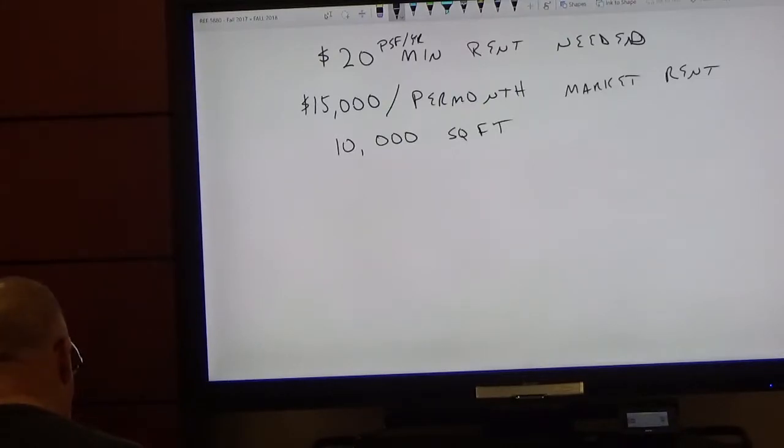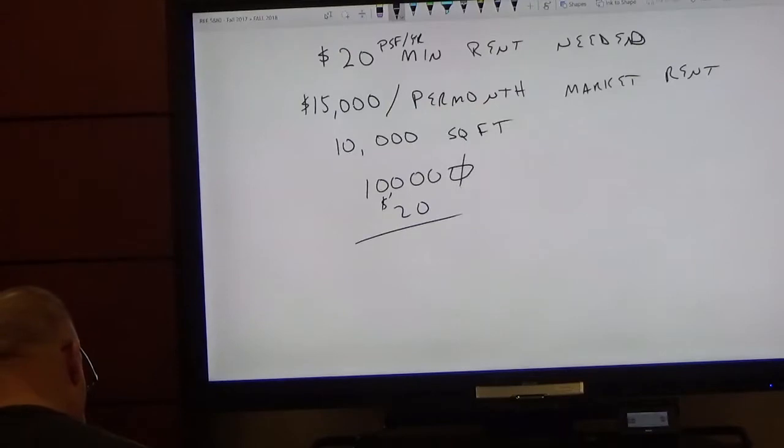So what we need to do is convert one of these into the other. So in the case of $20 per square foot, that times 10,000 square feet, that's going to be what? 200,000, I think, overall.